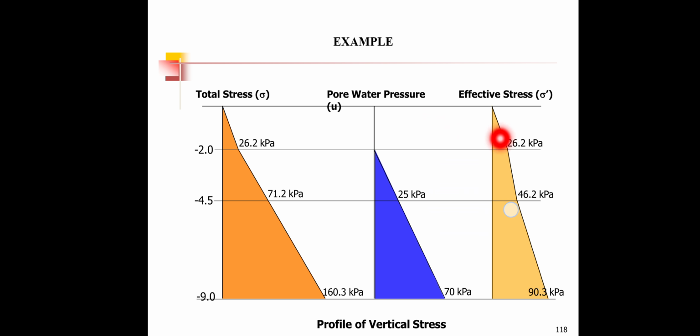If we deduct these two values, we arrive at 26.2 minus 0, which is 26.2; 71.2 minus 25, which is 46.2; and 160 minus 70, which gives 90.3. This is our final pressure distribution diagram.